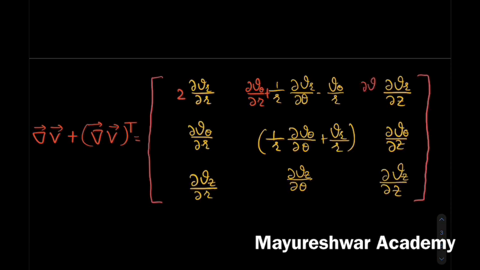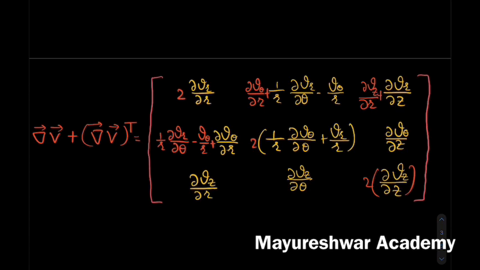So this will be dvz over dr plus this. Similarly, in the second row the first term, theta r, will have a contribution from r theta, so 1 over r d theta of vr minus v theta over r plus this. So all diagonal terms will be multiplied by 2.